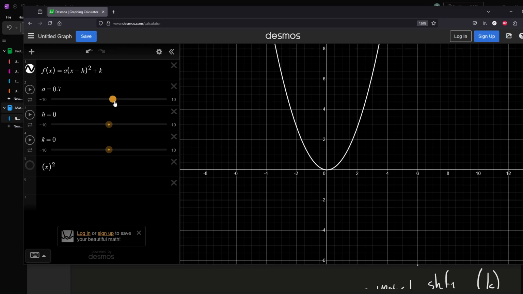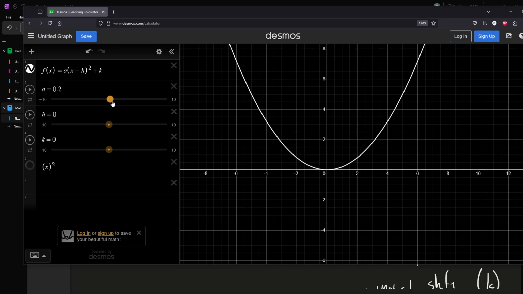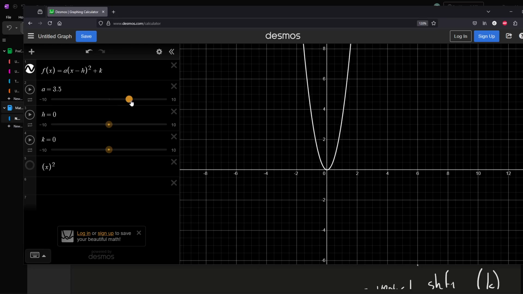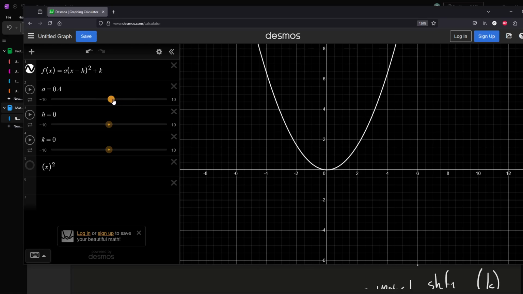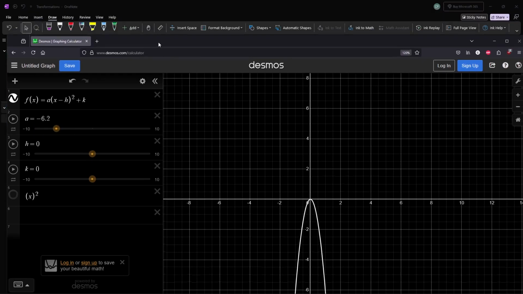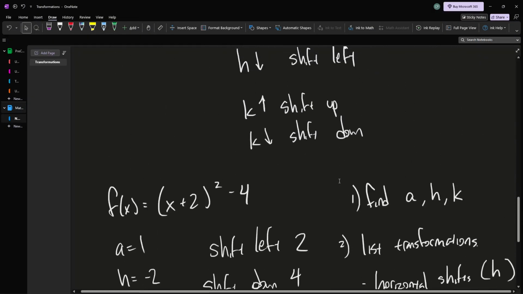If A decreases, if it's less than 1, I start flattening out. But I can't say that just yet, because if A is decreasing, I get wider. If A is increasing, I get more narrow. Because once I get negative, something drastic happens. I flip it, and now as I go more negative, it gets more and more narrow. So stretching vertically again. So you have to be a bit careful with this rule.